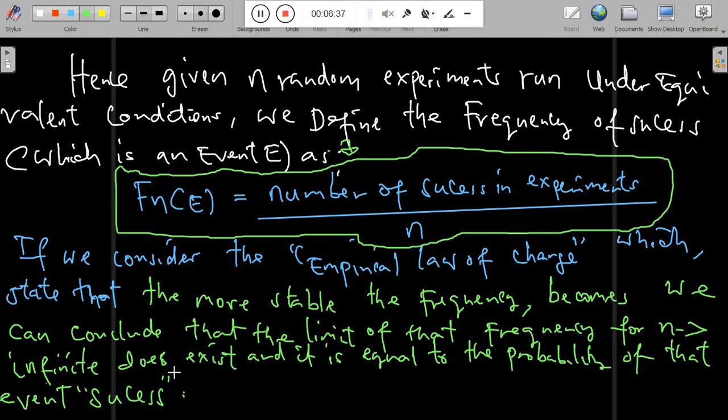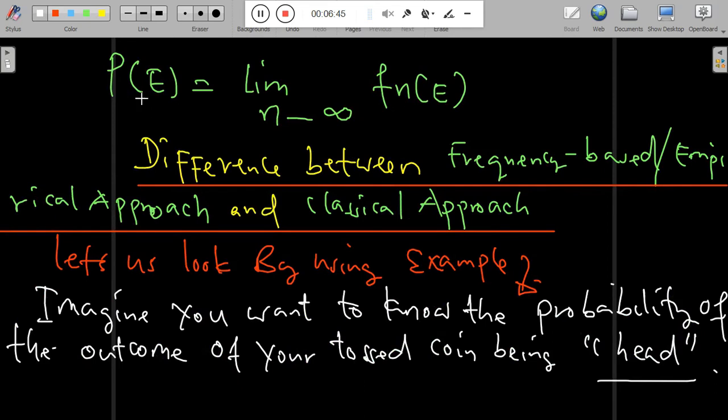That is, the limit as n goes to infinity of the frequency of event E. Let's come to the difference between the frequency-based empirical approach and the classical approach.